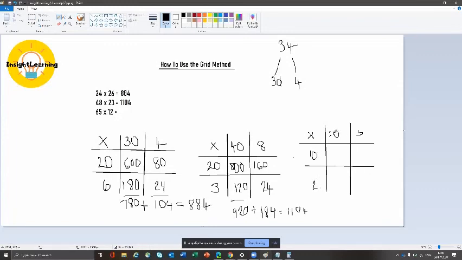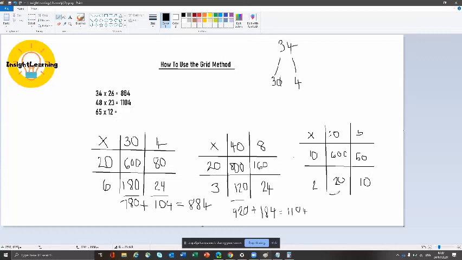We multiply 60 by 10, which gives us 600. Multiply 10 by 5, which gives us 50. Multiply 2 by 60, which gives us 120. Multiply 2 by 5, which gives us 10.